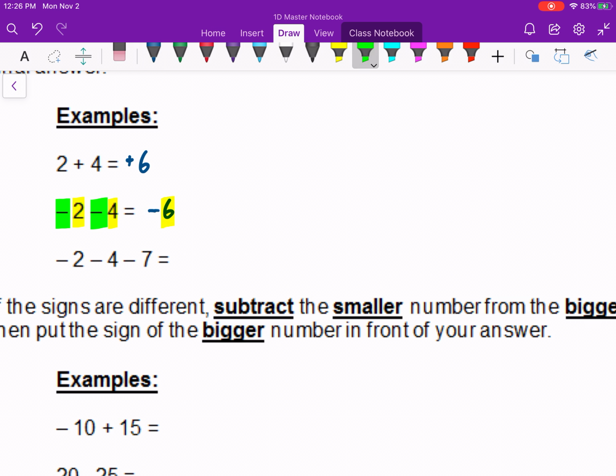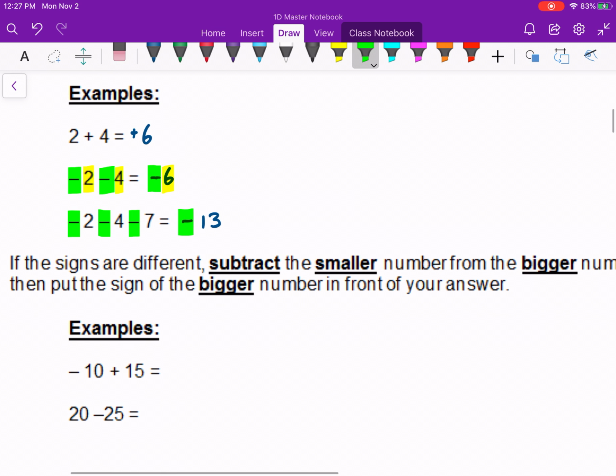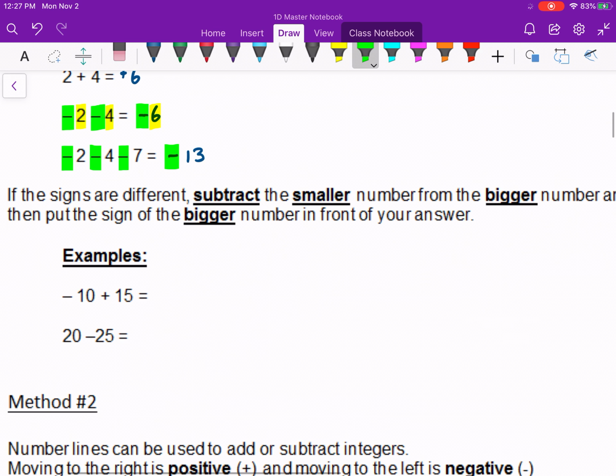So we're adding, but then keeping the sign. But that only applies if they're all the same sign. Here's another one that has all the same signs, so we can just go 2 plus 4 is 6, plus 7 is 13, and then throw that negative sign out front, since they're all the same. So that's a good one for if we have all the same signs.